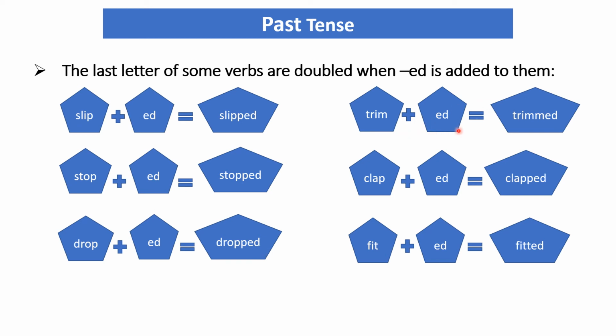Trim plus ed becomes trimmed. Clap plus ed becomes clapped, and fit plus ed becomes fitted. So this is also a rule when we change the present tense verb into past tense. The last letter of the verb doubles, and then we add ed to it.